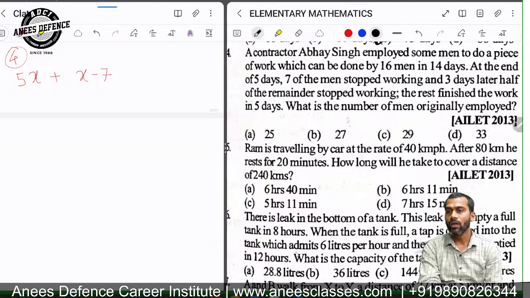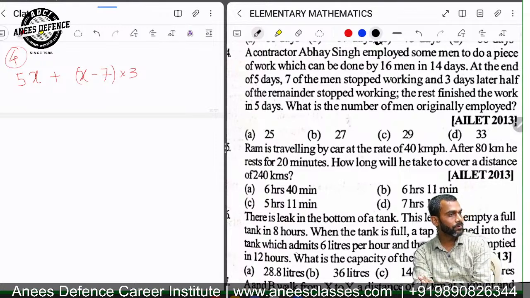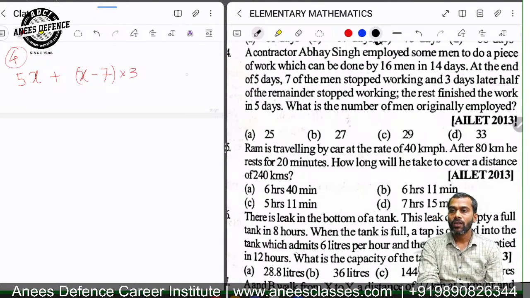Now they have worked for 3 days. After 3 days, half of the remainder, that is X minus 7, stopped working.